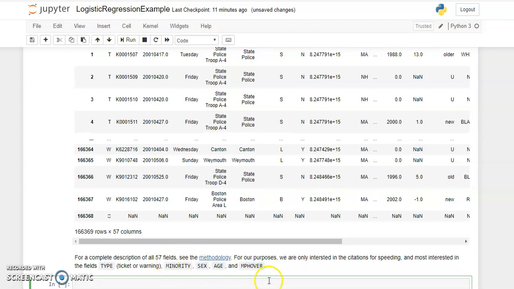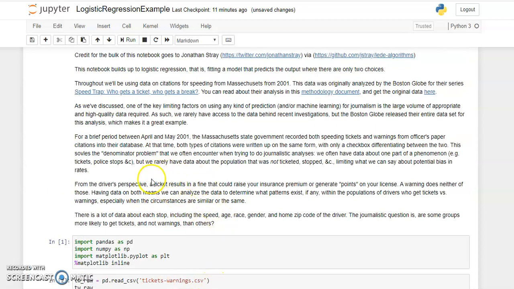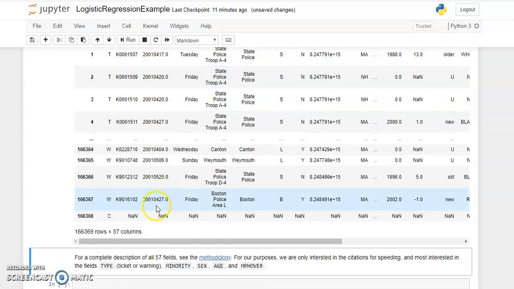And so then after that, we want to look at what are our possible independent variables of interest. And so type, ticket or warning, is basically what addresses what we talk about here, this sort of denominator problem. Often one of the challenges that we face when we want to examine the fairness of the system, which in journalism is one of the things we're often looking for, is that we know who was affected, but we don't know much about the population that wasn't affected.